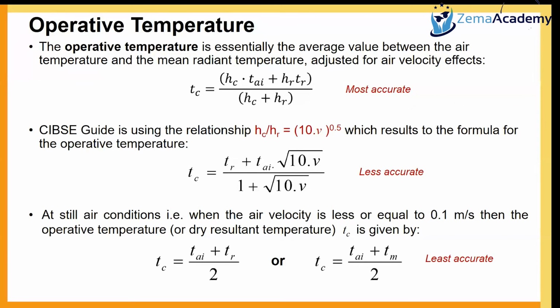But now operative temperature is a real temperature, it is measurable, and because of that we can solve our real life problems more easily. I hope this part is clear.